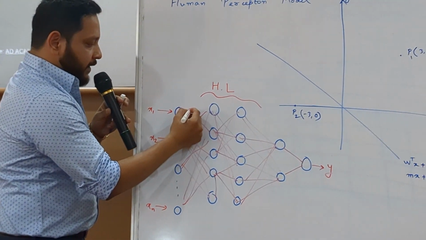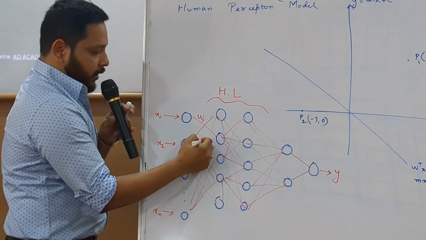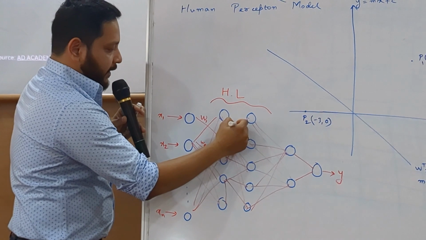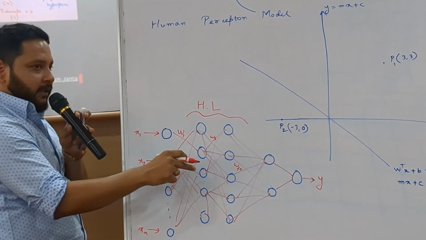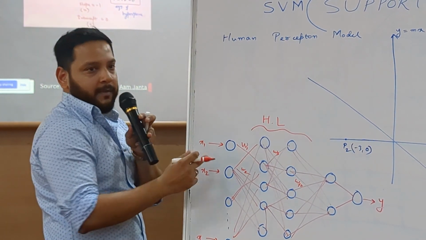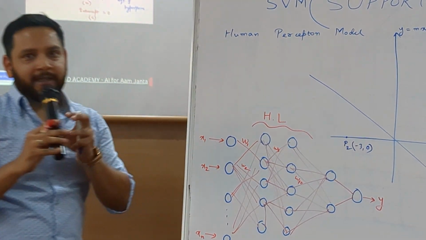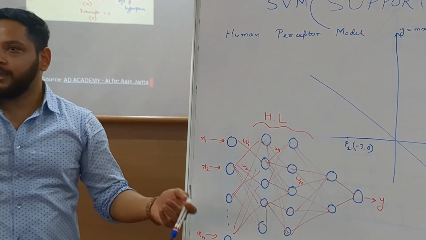So these are called weights: W1, W2, let's say W3, W70. In this way, different weights are given. What is weight? Weight is the weightage, like how much input should I take? Maybe one brain is saying slap it, another is saying it's an animal, don't slap it, it's ultimately a living thing.